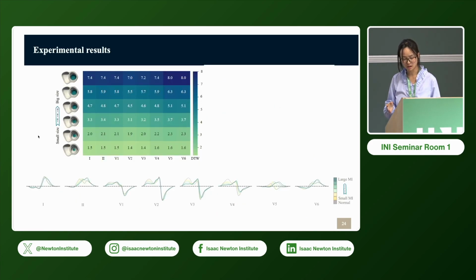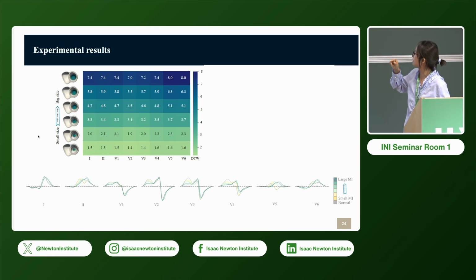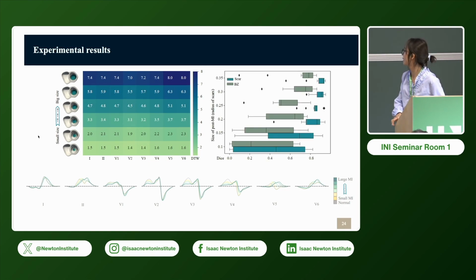Besides that, we also explored the limit of our model for smaller sizes of the infarction. So here is the sensitivity analysis. We can see that when we decrease the size of the malfunction at the same location, the morphology change becomes smaller. And this corresponds to and results in a change in the inverse inference performance.